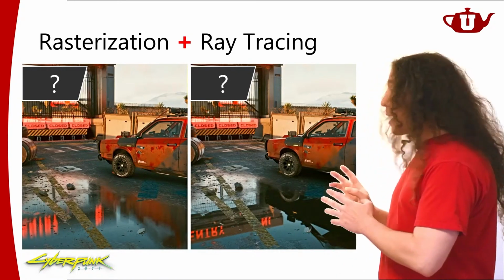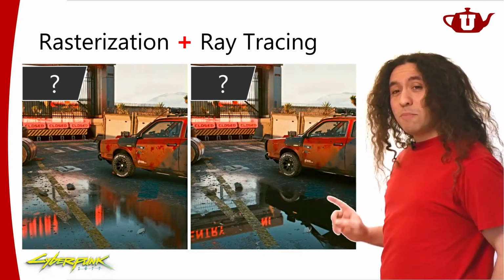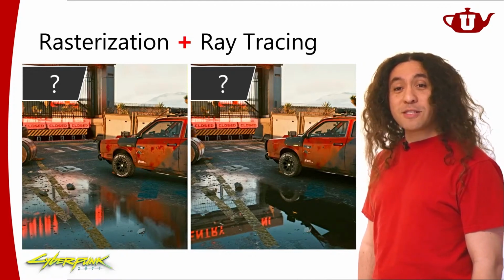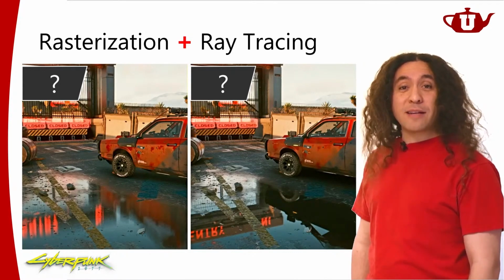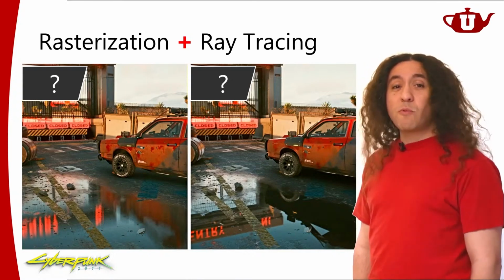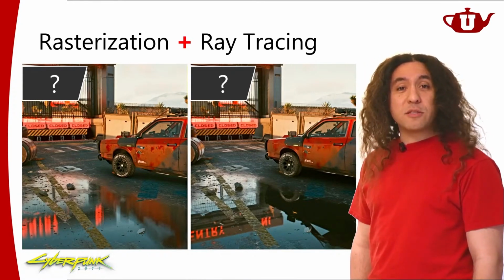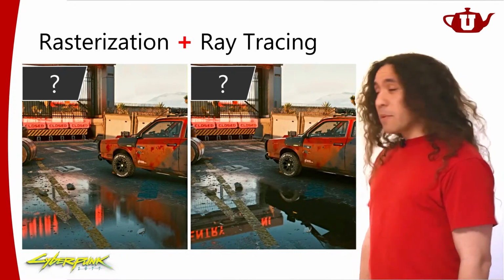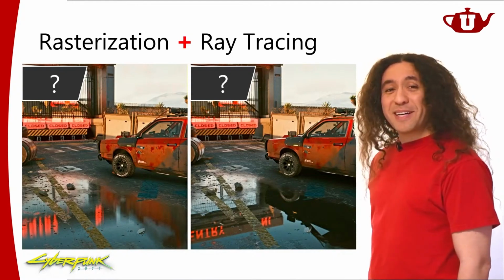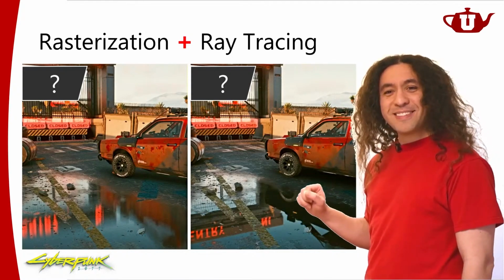But just looking at an image like this, it's not immediately obvious which one uses ray tracing and which one doesn't, because there are things that we can do with rasterization without using any ray tracing at all that produce this somewhat comparable image. But I'm going to say that this is also a little bit unfair. But can you tell which one's which?